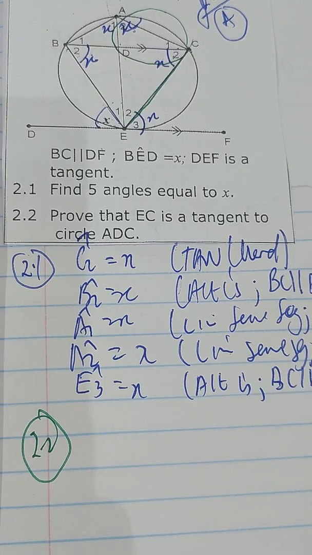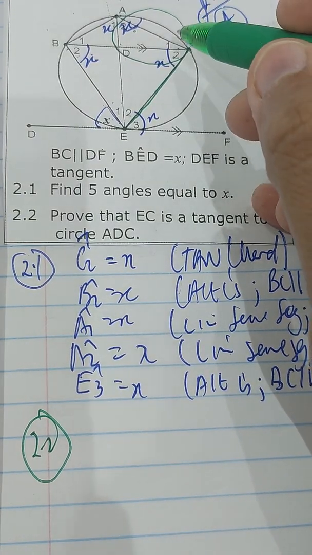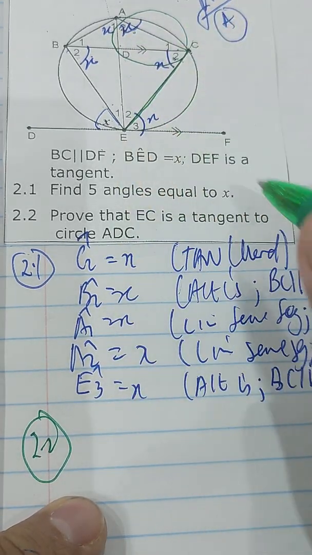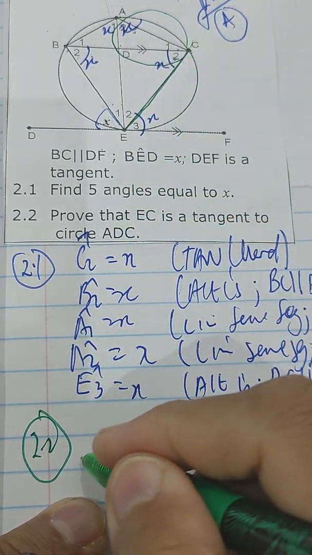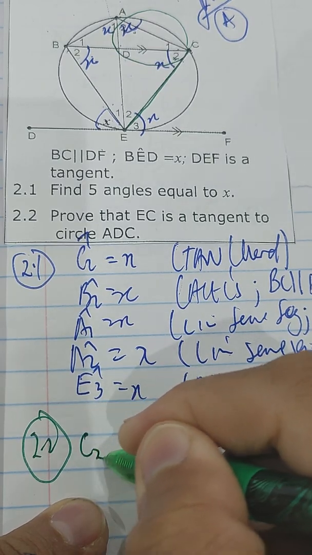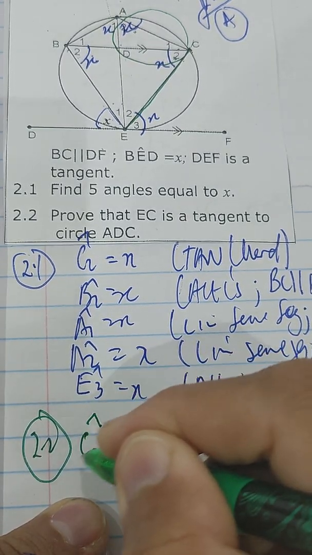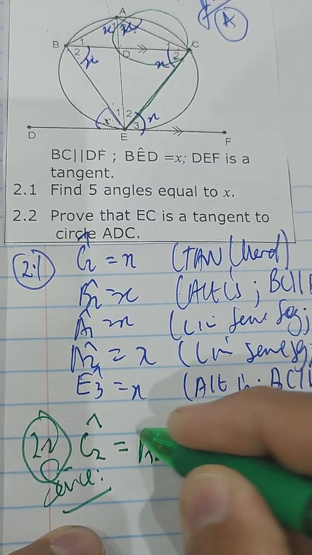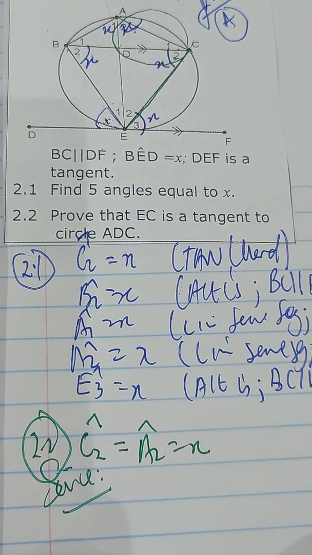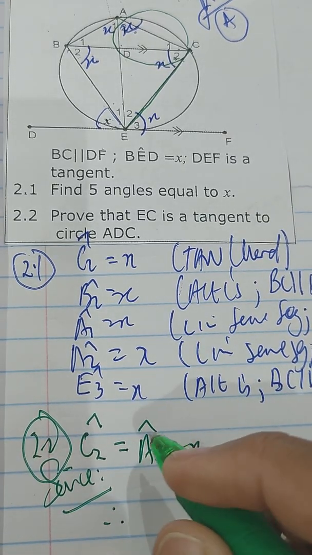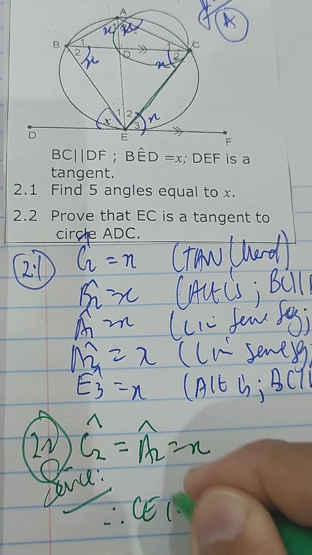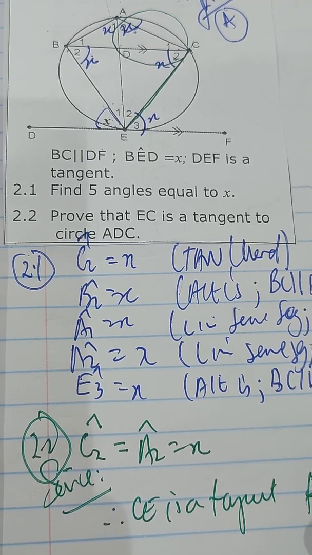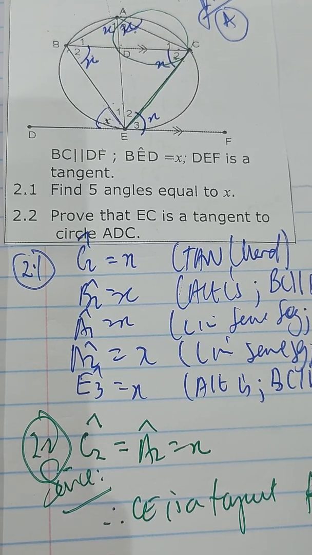Alright, so sorry about the background noise there. So I just concluded now that if you can prove that is equal, we've done the job. But from the diagram you can already see that C2 is equal to angle A2, which is equal to X. Since that is the case, therefore CE is a tangent to circle ACD.